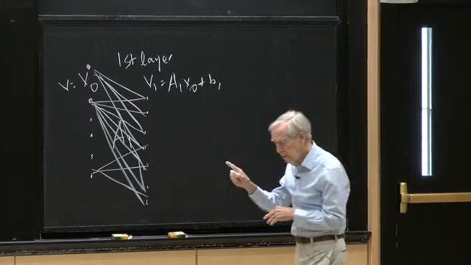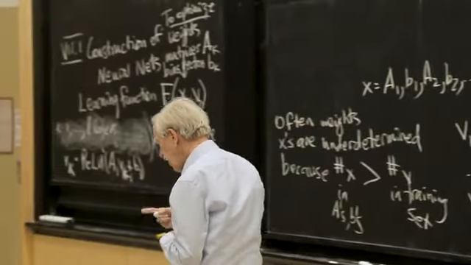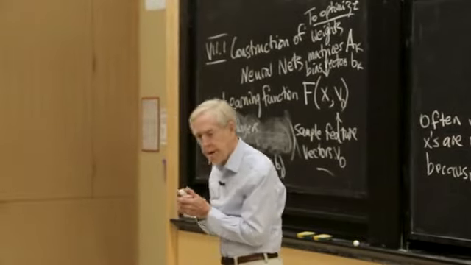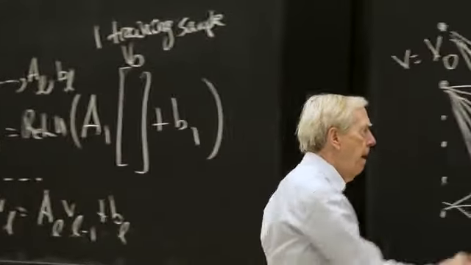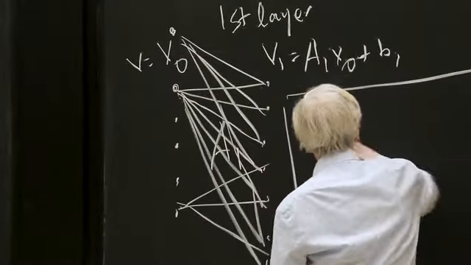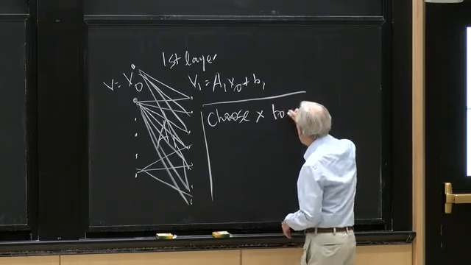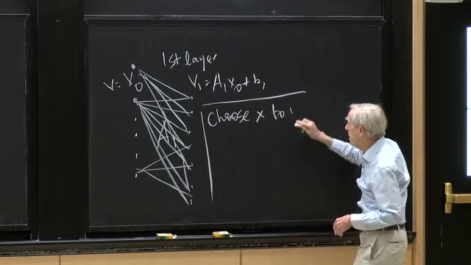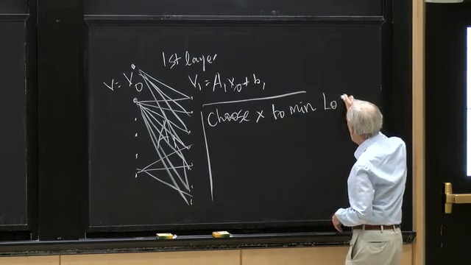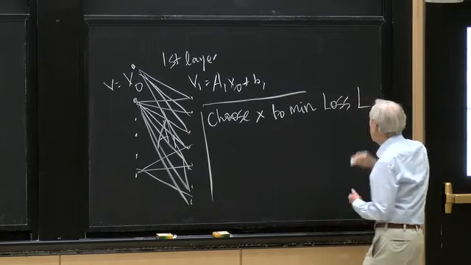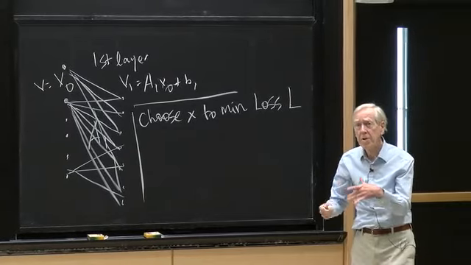Now I haven't yet put into the picture the loss function. That's the function that you want to minimize. So what is the loss function? We're choosing x, that's all the A's and B's, to minimize the loss function L. Okay. So it's this part that Professor Schmidt's lecture was about.